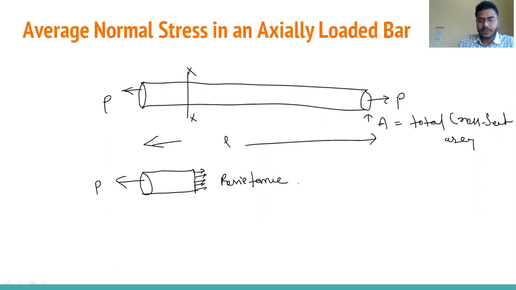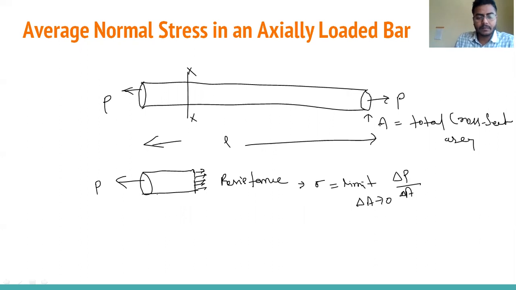Now from the definition, we know that P is normal to this area. So we can write sigma is the limit as delta A goes to 0 of P divided by delta A.